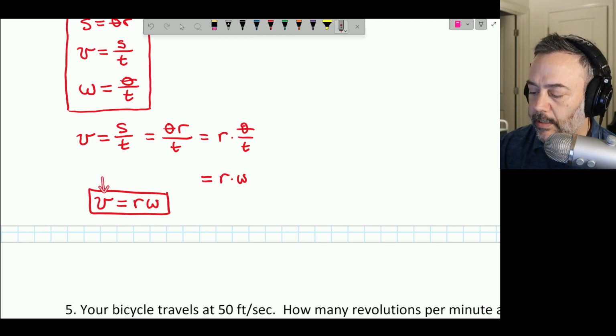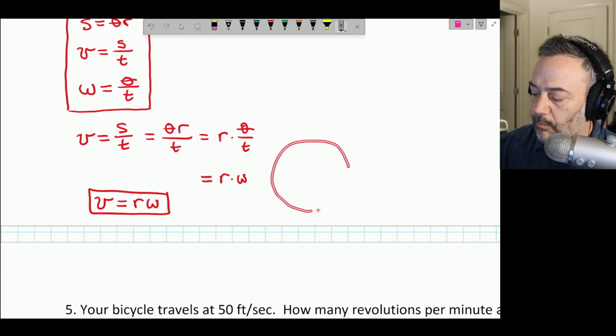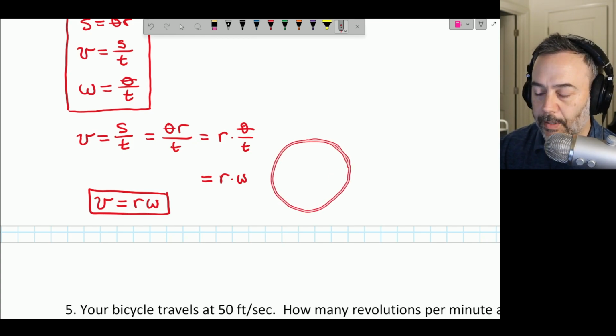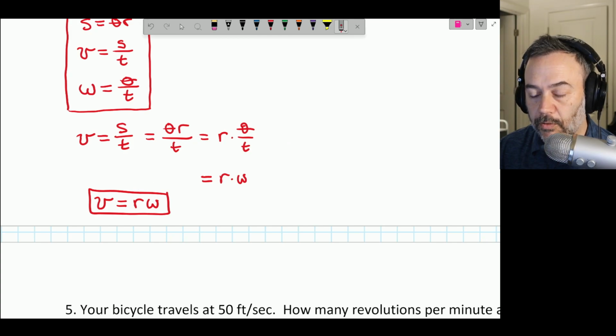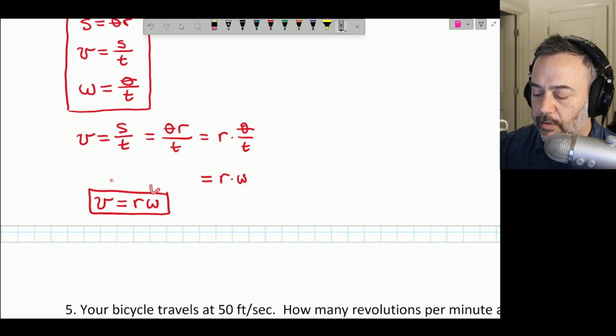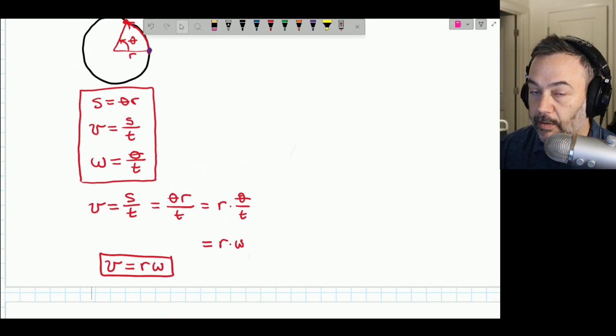This is the velocity of the particle moving around, or the paint spot moving around the circle. This is the radius of the circle, and this is the angular speed that the circle is turning. So if the circle turns faster, the paint dot on the edge of the wheel moves quicker in velocity around the circumference of the circle.